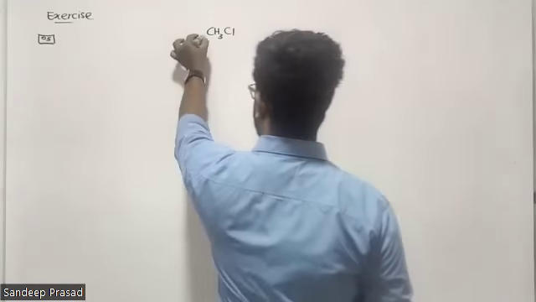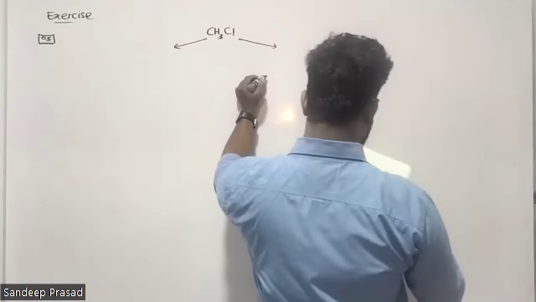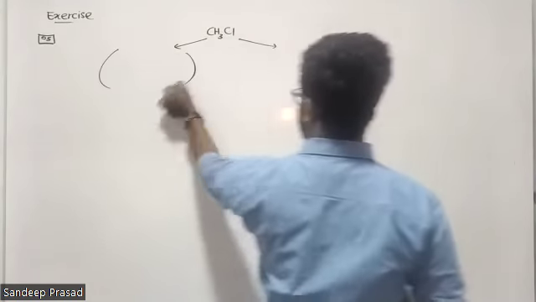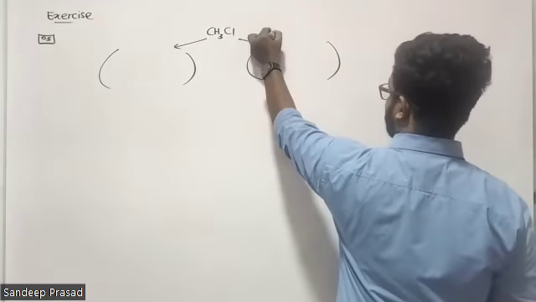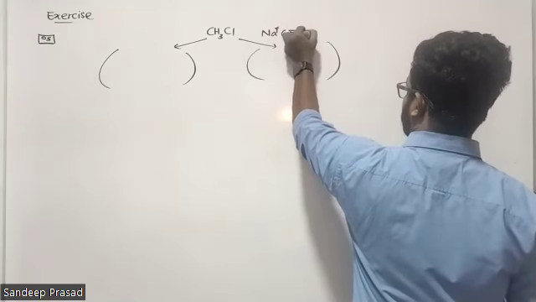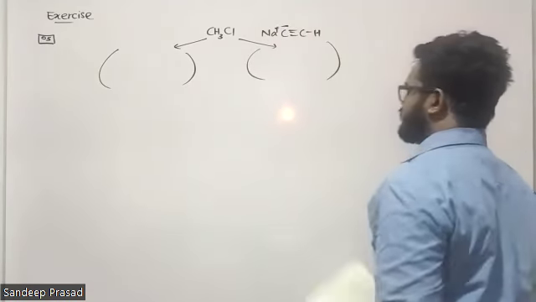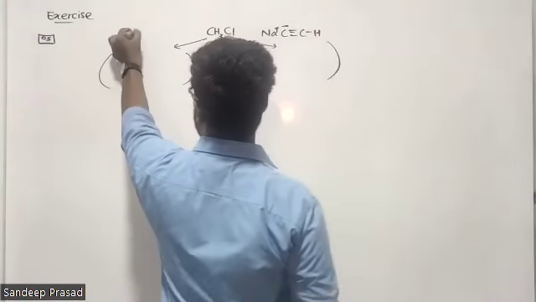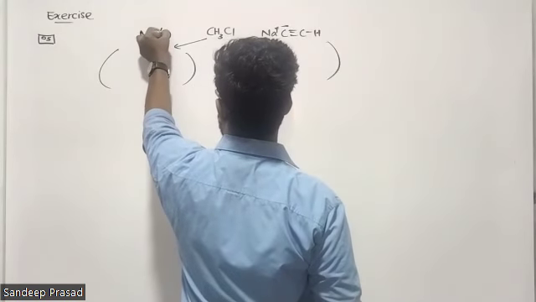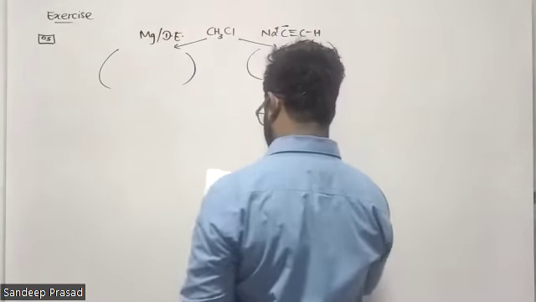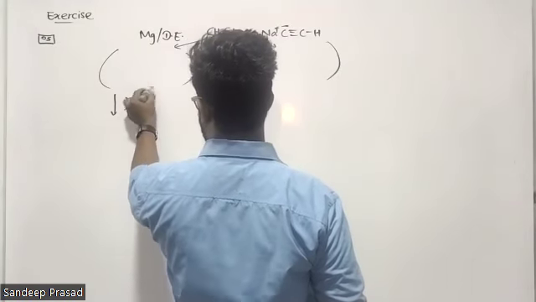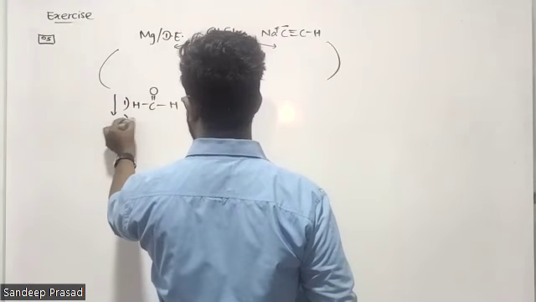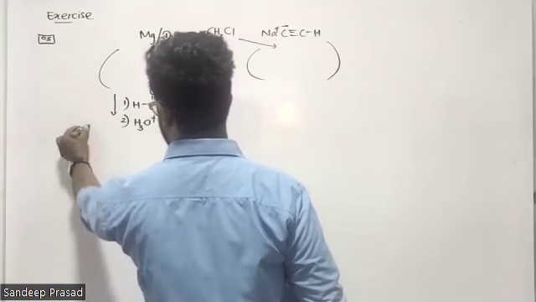So let me start from methyl chloride. Like before, we are going in two directions. Sodium, magnesium. So here we are adding methanol, secondly H3O plus.